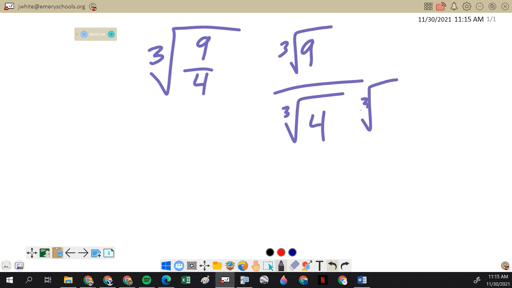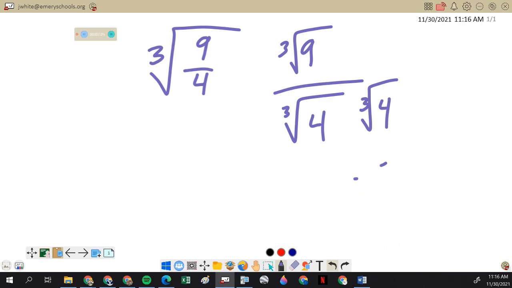Times it by itself, but that's not going to be enough, because that gives me the third root of 16. Is 16 a perfect cube? No, it's not. It's 2 times 2 times 2 times 2, which is 2 third root of 2.